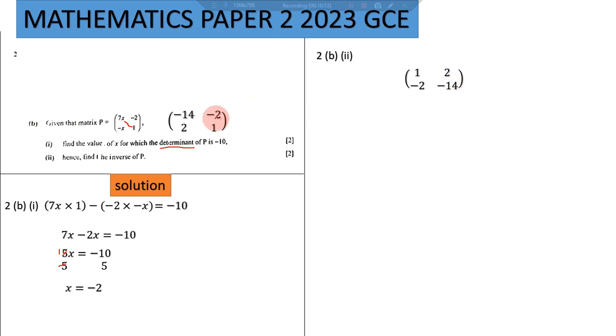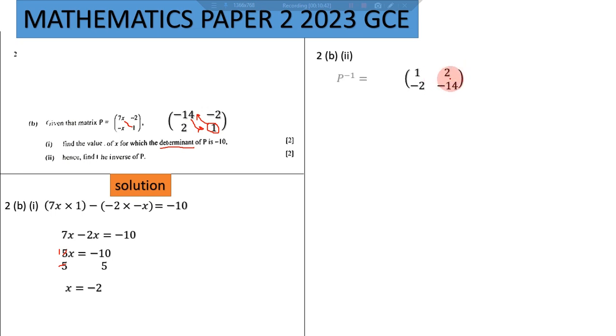So where there is a 1 will go where there is negative 14, and the negative 14 will come where there is 1. This is what you are seeing here. Then the numbers that are in the minor diagonal, we multiply them by negative 1. So 2 times negative 1 gives negative 2, and negative 2 times negative 1 gives positive 1.